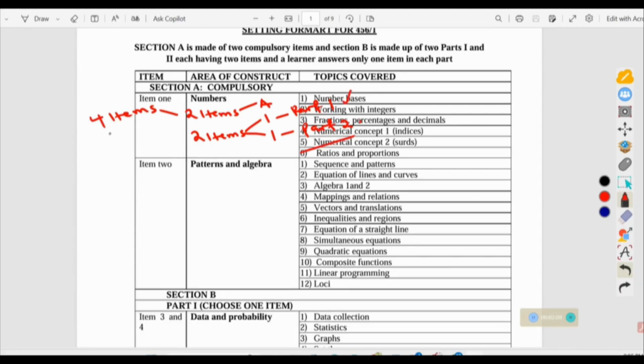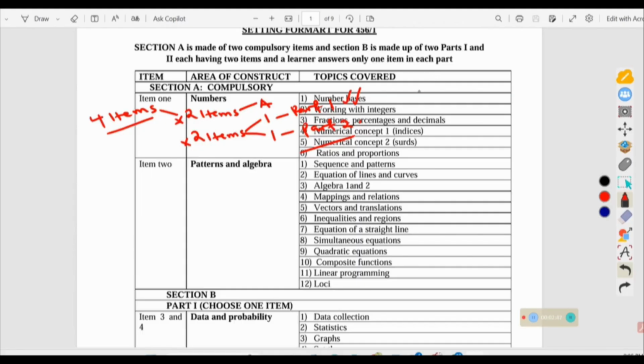So in total, you must make sure you answer 4 items and don't make a mistake and you answer all the 2 items from one part of the section B. Otherwise, they will only consider only one item that will be answered and another one will not be considered. So make sure you follow the instructions very well. 2 items from section A and 2 items from section B, but ensure that you choose only one item from the 2 parts that are in section B.